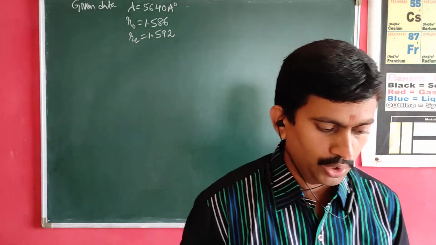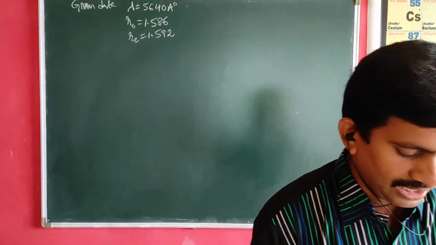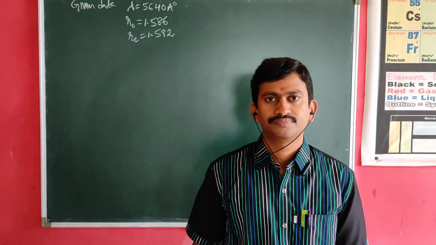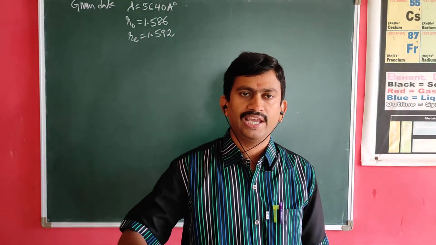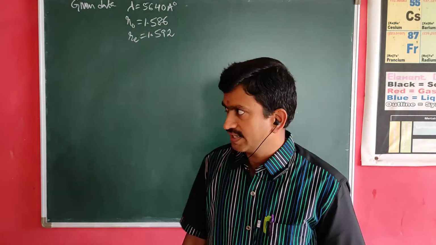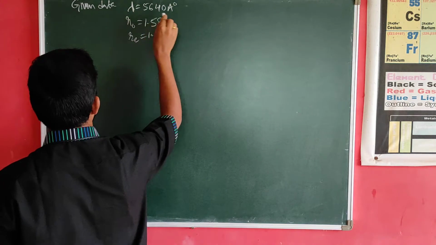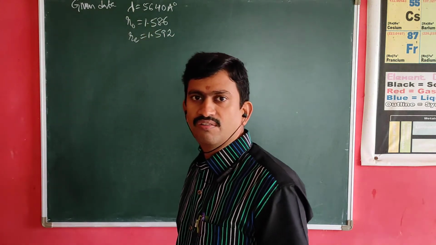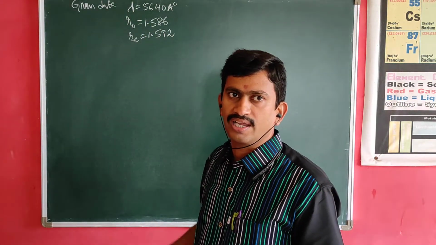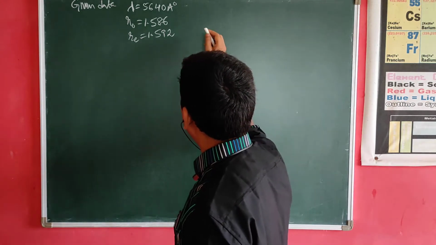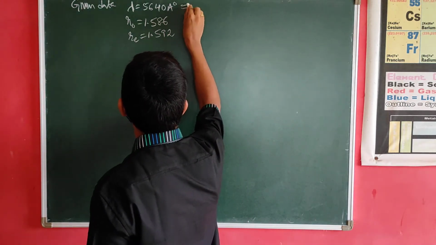We need to find out the thickness of the mica layer required to make a quarter wave plate. The wavelength of the light used is already given, which is 5640 angstroms. So we need to convert it into meters.